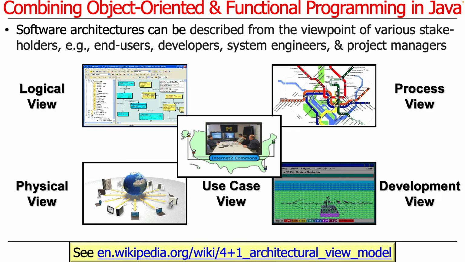There's a number of different ways to view software architectures. For example, software architectures can be described from the viewpoint of various stakeholders, such as end users, developers, systems engineers, and project managers. There's a model of software architecture called the 4+1 architecture, which we're going to walk through briefly here to illustrate how object-oriented approaches can help to view the architecture more effectively.